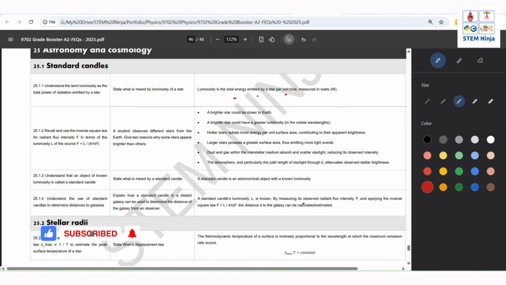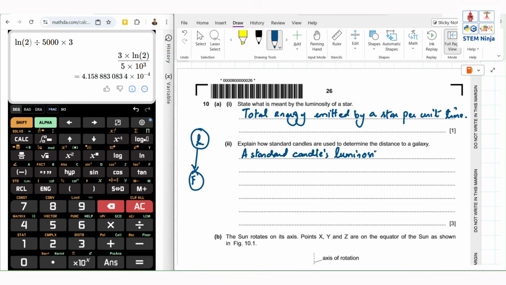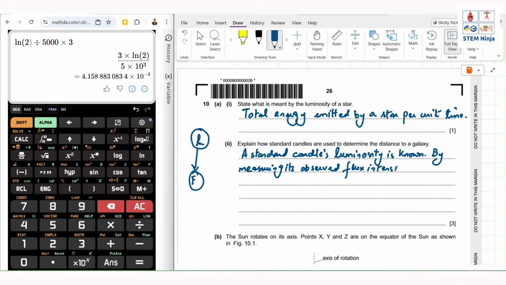Standard candle luminosity is known; by measuring its observed radiant flux intensity and applying the inverse square law, the distance d to the galaxy can be estimated.